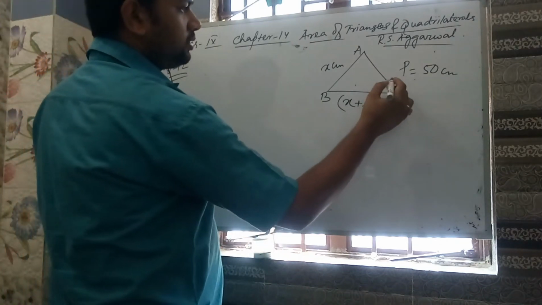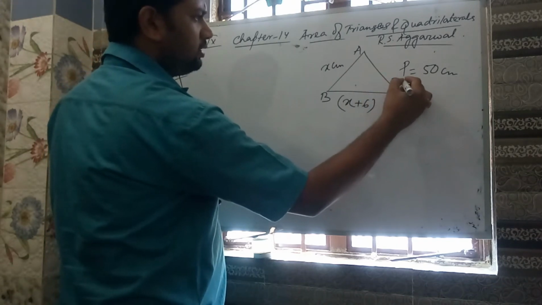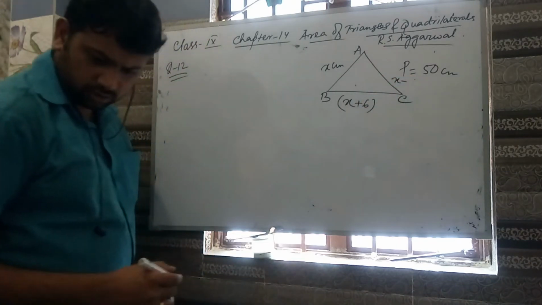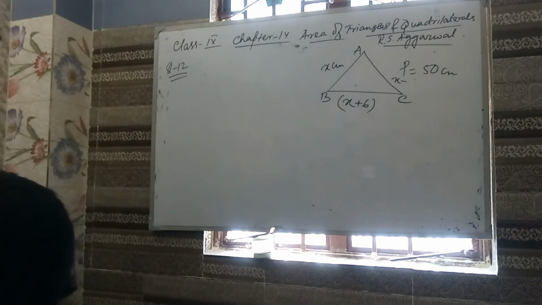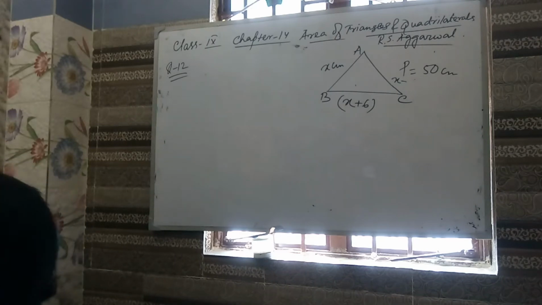Sorry, what is given? One side of a triangle is 6 centimeter longer than the smaller side, and the third side is 6 centimeter lesser than twice the smaller side.